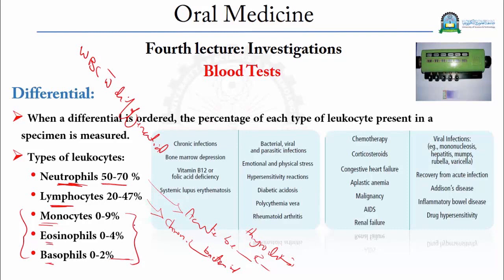Monocytes can be increased in cases of parasitic infections. When the patient has a parasitic infection, we can find an increase of monocytes in the differential WBC.